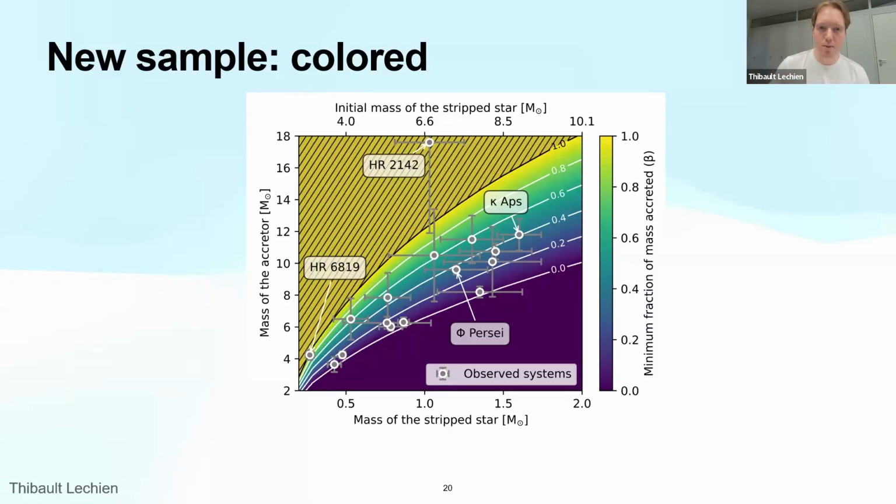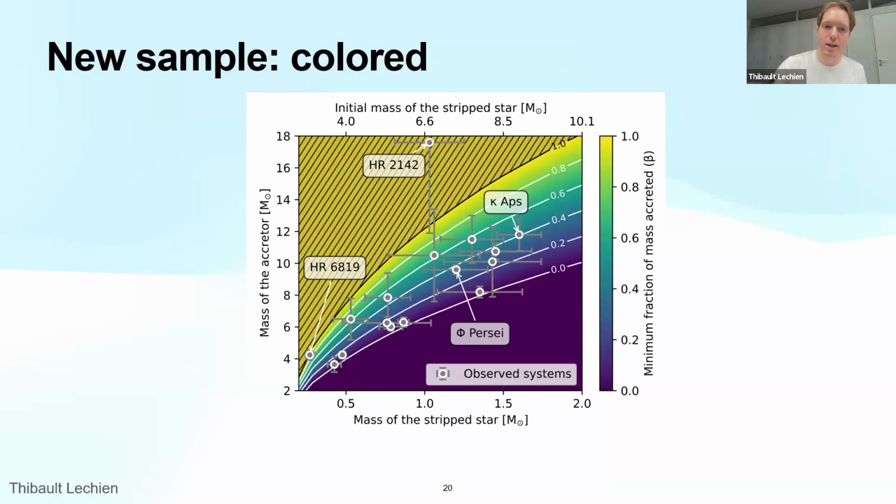Now, there are some outliers, specifically HR 2142 at the top there, but it also has large error bars. And if we did an updated analysis using spectral fitting and combining that with the estimates from interferometry, we get something that looks a lot closer to the other stars in the sample.